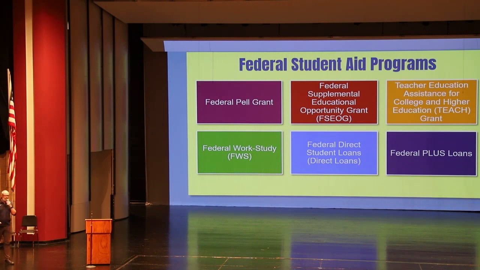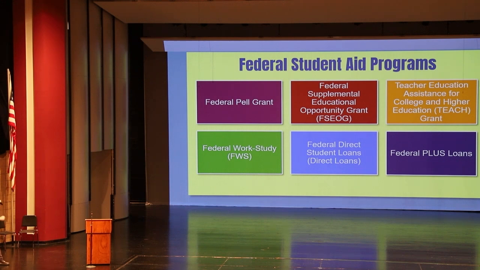So it is a great option. I think the interest rate is even a little bit higher on the PLUS loan. I think this current year it's just under 9%. There are private educational loans out there that, if you have strong credit, you can get as low as 3% right now. So you might want to look into those as well. But there are potentially some benefits to borrowing from the federal government.